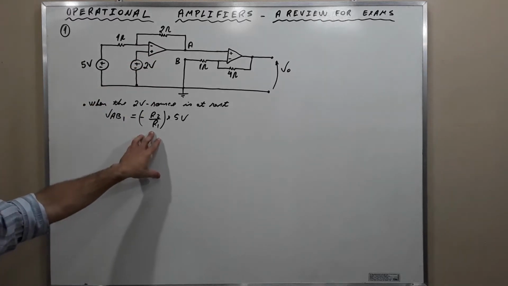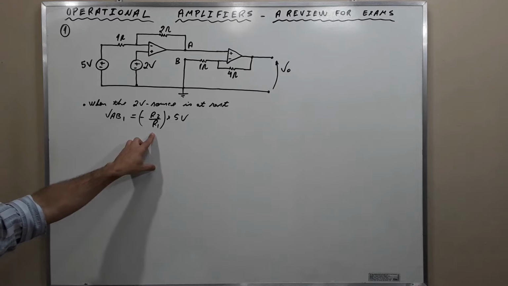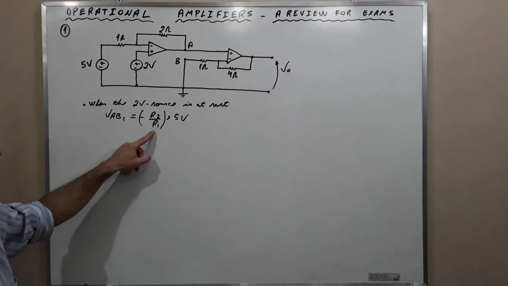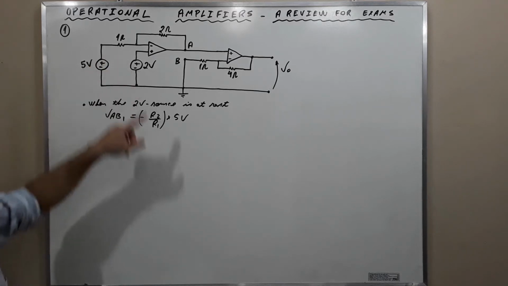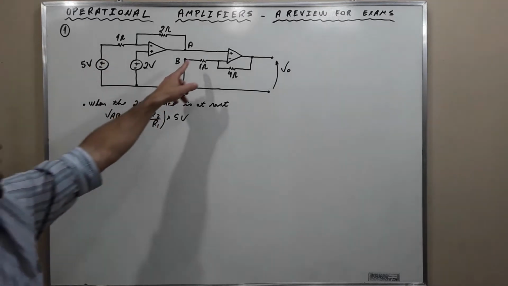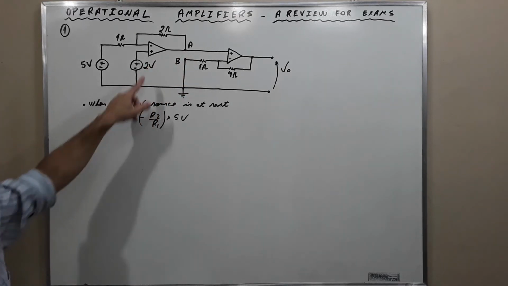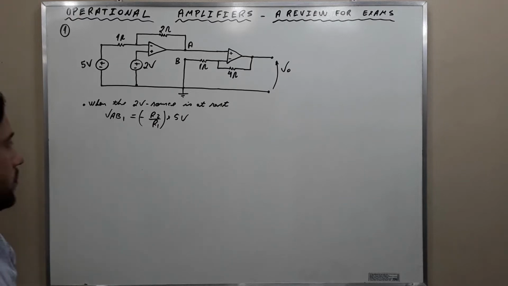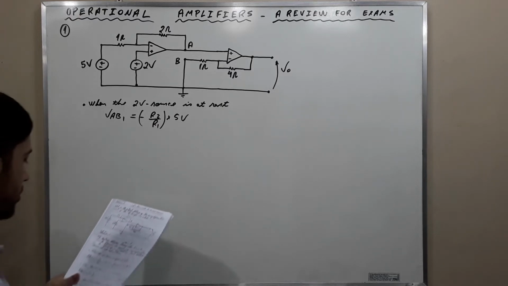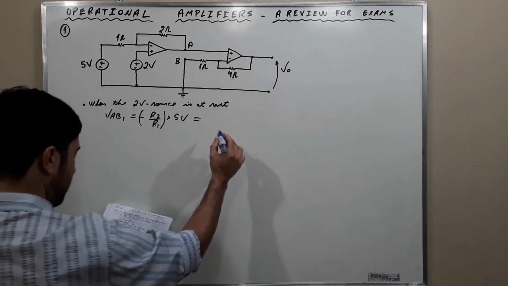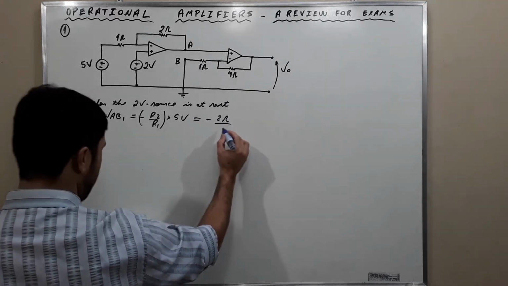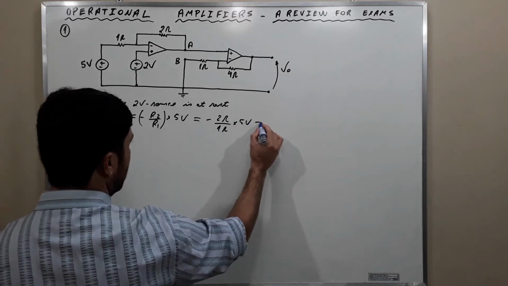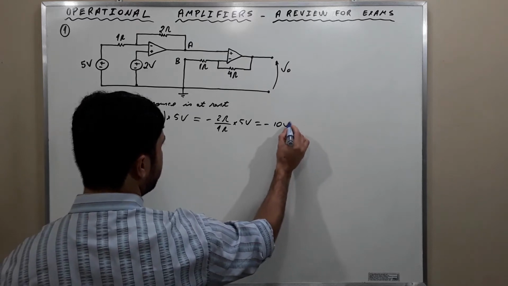And the gain of the inverting configuration is this, where 2 ohms is R2 and the resistor R1 is 1 ohm, okay? Then VAB when 2 volts is at rest is this. VAB1 is negative R2 over R1 times 5 volts, which is equal, we just substitute the values, negative 2 ohms over 1 ohm times 5 volts, and this is equal to negative 10 volts.